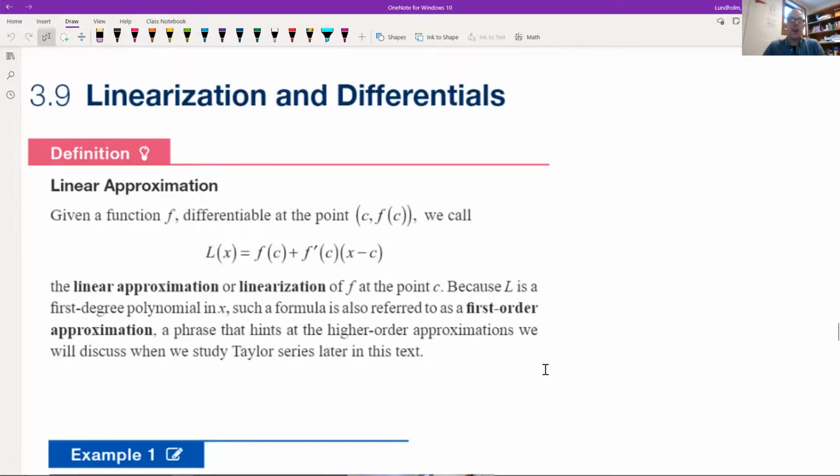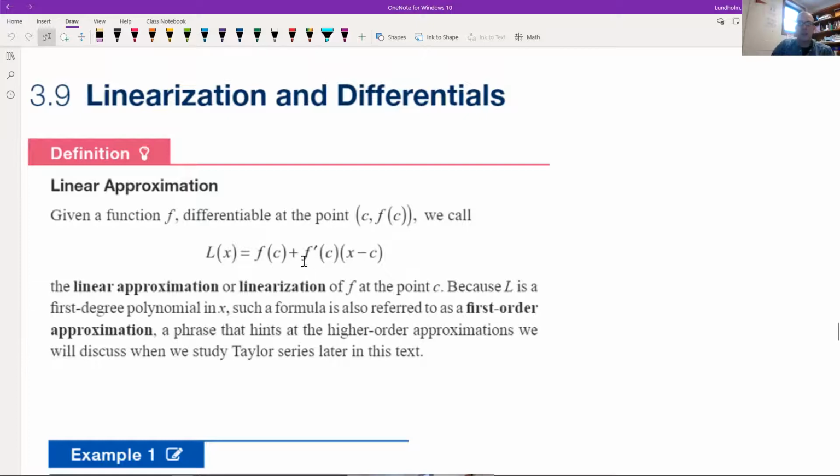Actually, we've done a pretty decent job of looking at this already, especially inputting tangent lines that can move into GeoGebra, which is something I've tried to push us towards ever since we started looking at derivatives, even when we were doing the limit definition of the derivative. If we have a function f and it's differentiable at the point c, f of c, this is an equation for the tangent line.